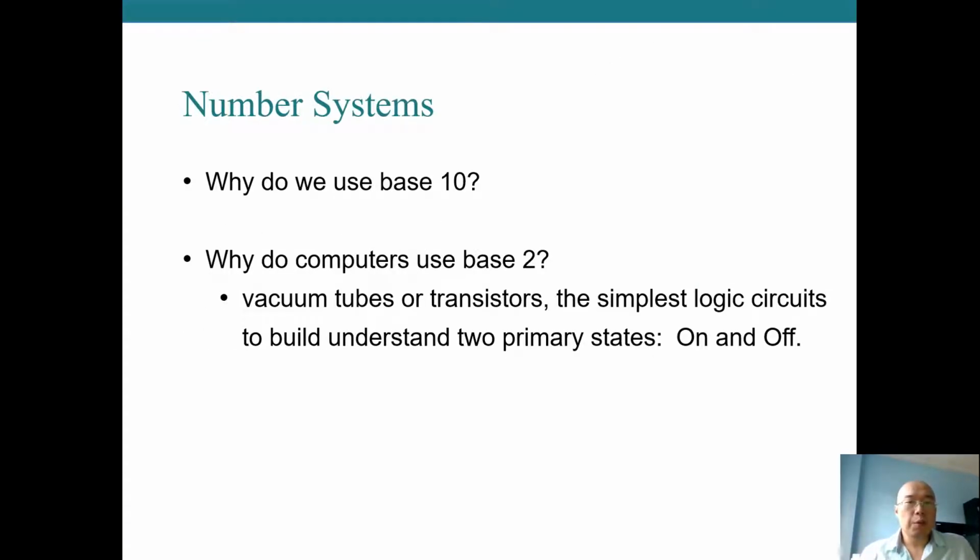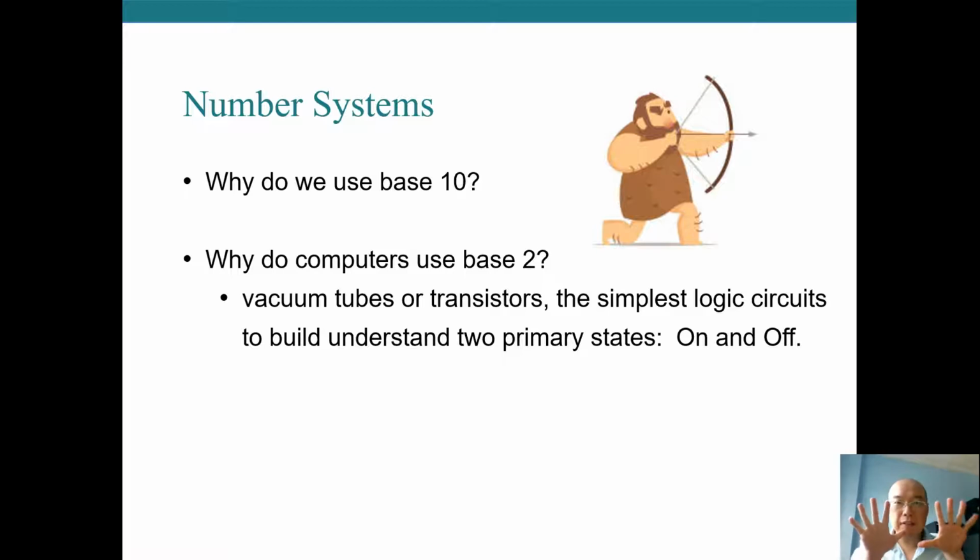Okay, so why do we use base 10 numbers? Because we have 10 fingers. For example, if I'm a hunter who lived in 5,000 BC, and when I come back my wife asks me how many rabbits I got today, I can show this, which means I got 2 rabbits today.